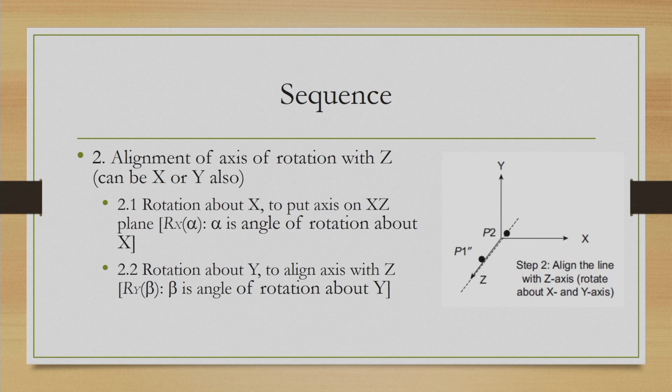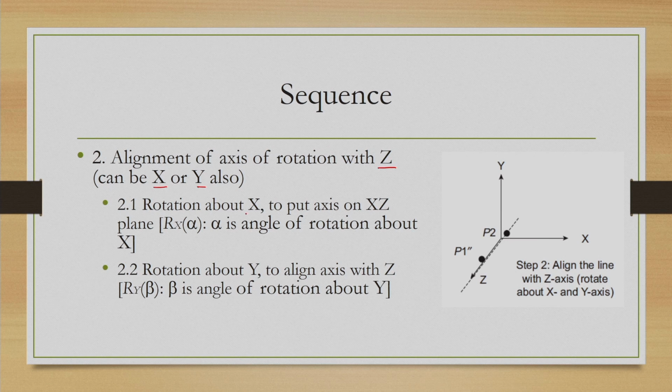Then in step 2, we align the line to the z axis, but as I said, it need not always be z axis, it can be x or y axis also. In order to do that, we need to perform some rotations about x and y axis.